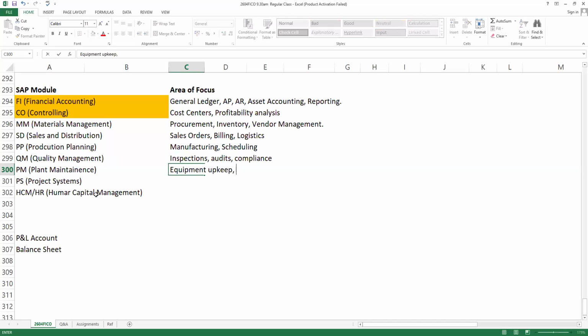Project systems deals with project planning and execution. HCM will take care of payroll, time sheets, and recruitment.